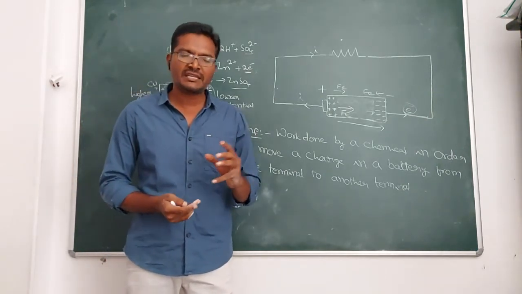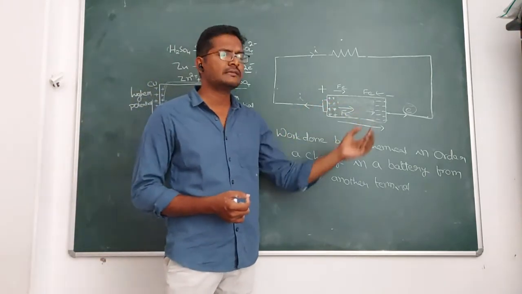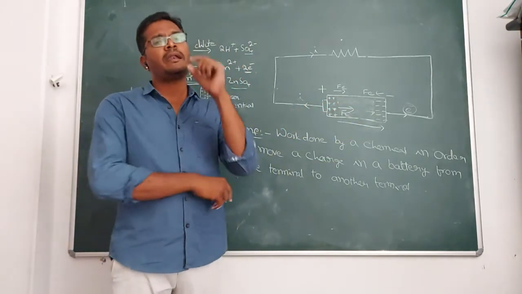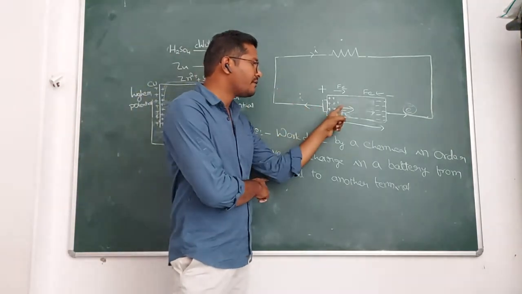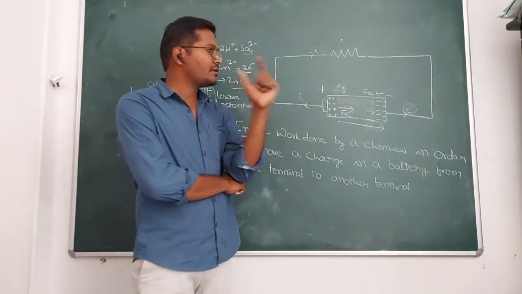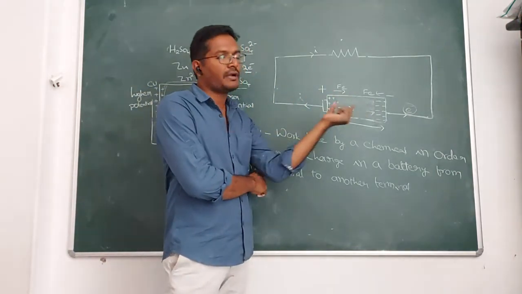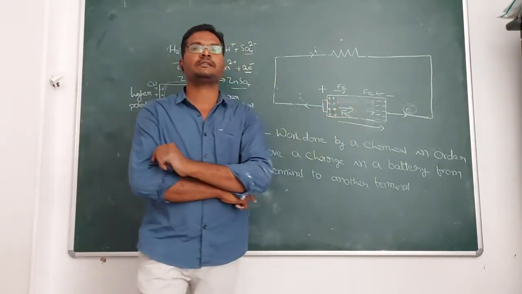The opposition in the flow of electrons is nothing but resistance. So the cell also has a resistance. A resistance is offered to the flow of electrons inside the cell. That resistance is called the internal resistance of the cell.